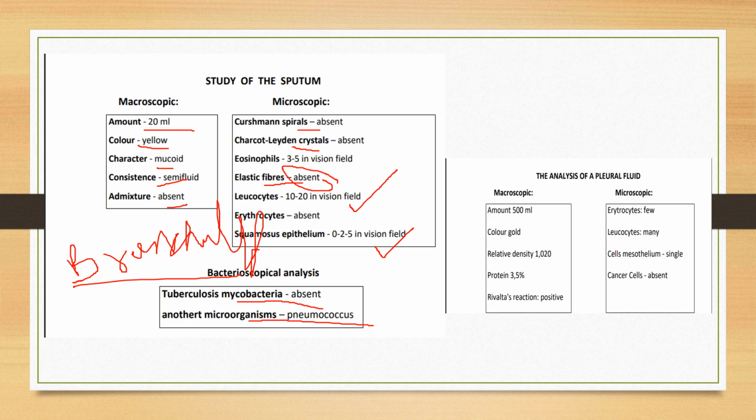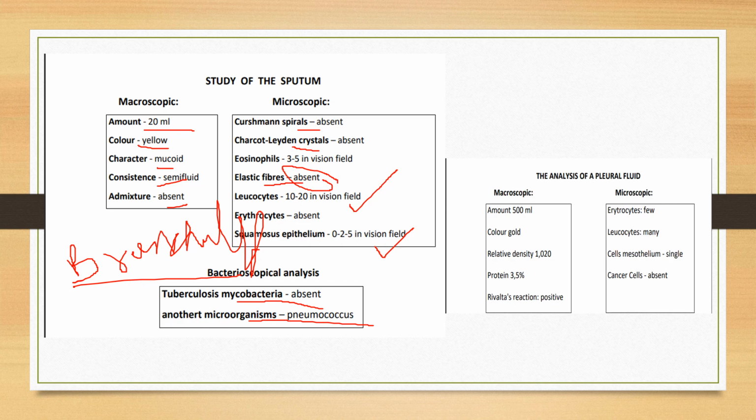You need to just differentiate if it is transudate or exudate. If it is transudate, then our conclusion is finished. If it is exudate, then we will tell it is hemorrhagic, serous, or purulent. I will give you different studies of the sputum, but for pleural fluid, I will tell you only from this. So you need to understand very attentively here.